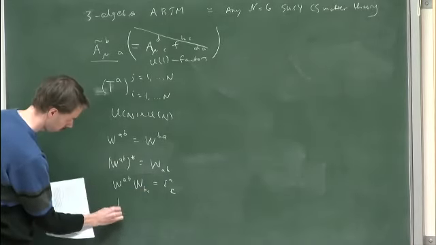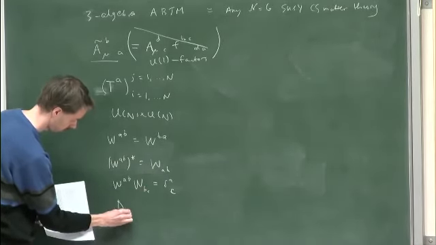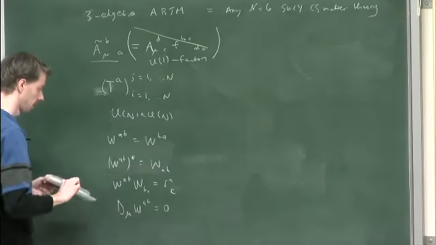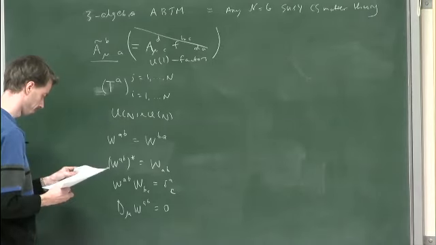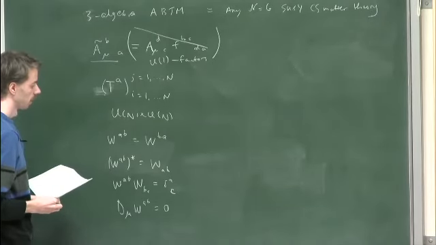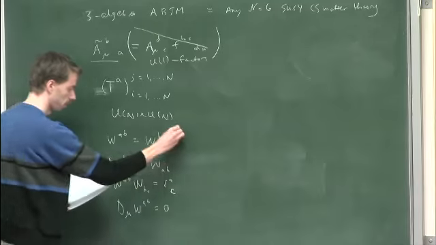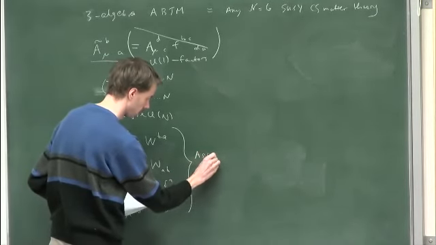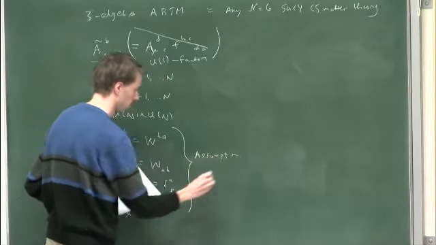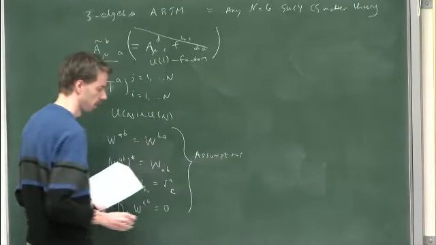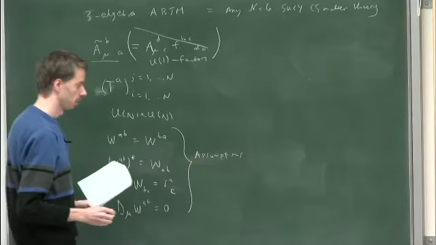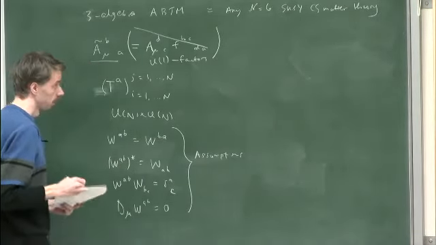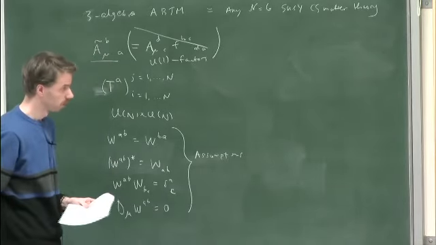And it should be covariantly constant. So these are all the assumptions, maybe, which lead to N equal to 8 supersymmetry enhancement, as I would like to try to show now.